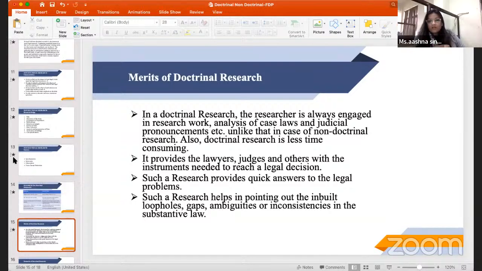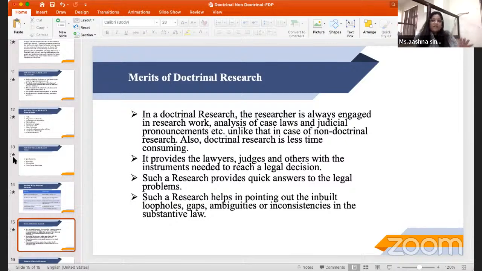It provides lawyers, judges, and others with the instruments to reach a legal decision, quick answers to the legal problems. It also helps in pointing out the inbuilt loopholes, gaps, and inconsistencies that are there in the substantive law.